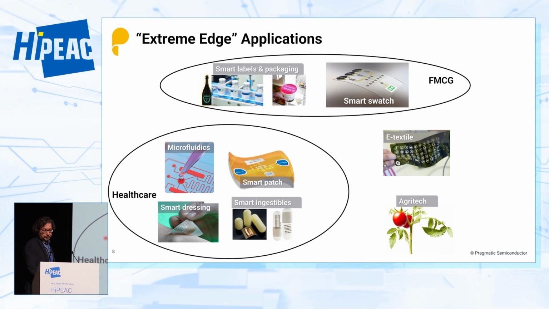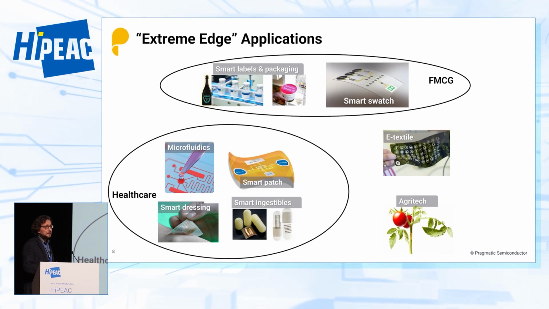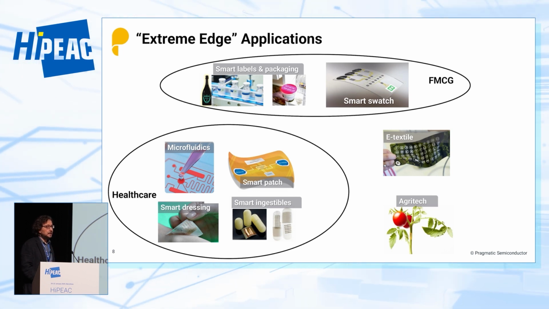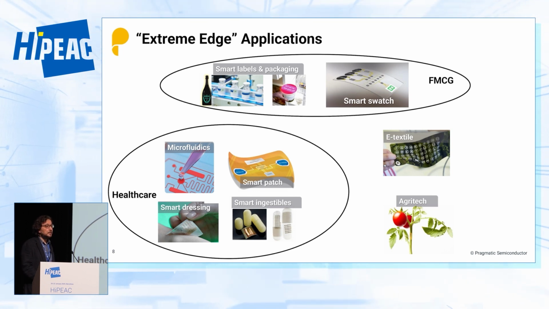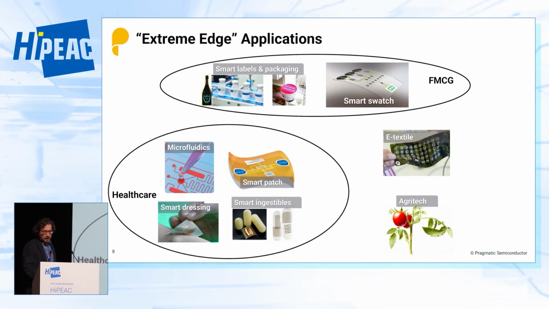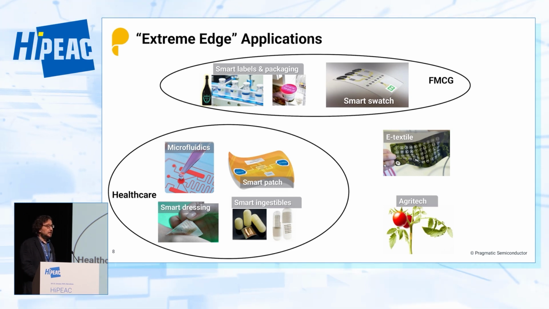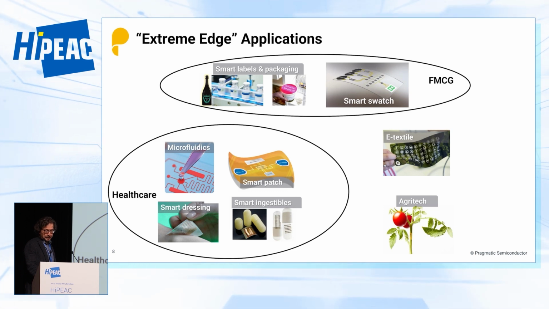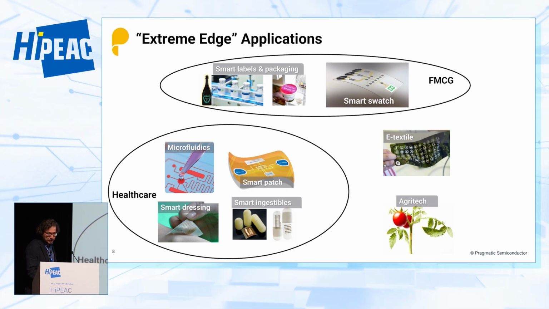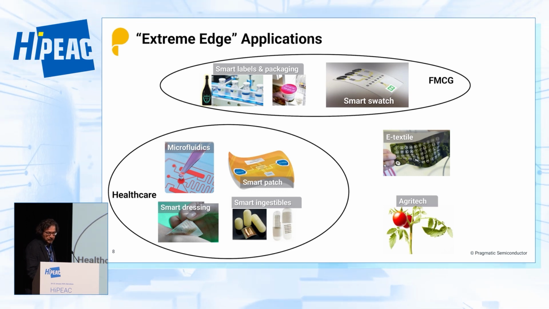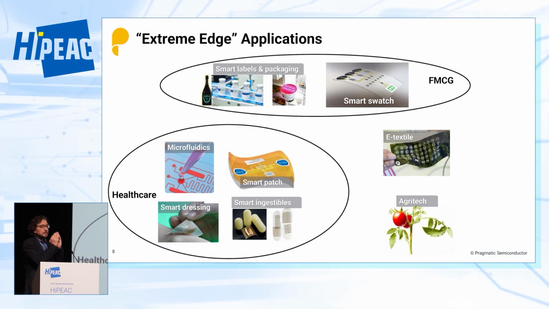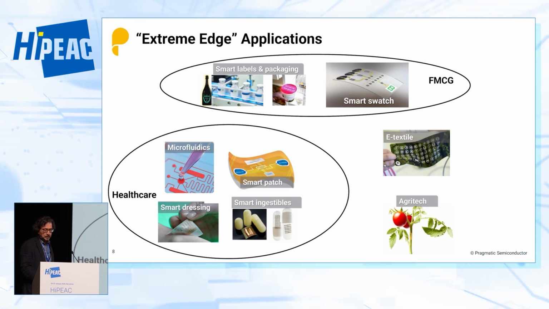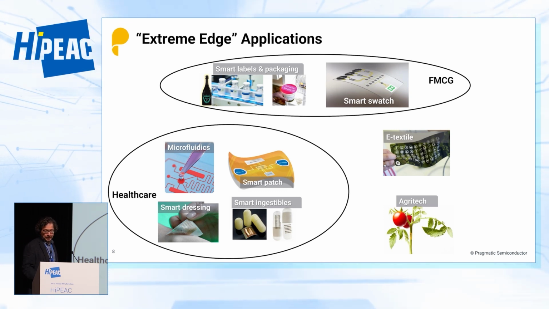On the far edge, e-textile, or smart textile, is another very interesting area, integrating electronics into garments and carpets. The last one is agriculture and environmental monitoring. For example, here there's a picture of a plant, and I don't know if it's visible clearly, but there is a flexible chip wrapping around the plant to monitor its growth.